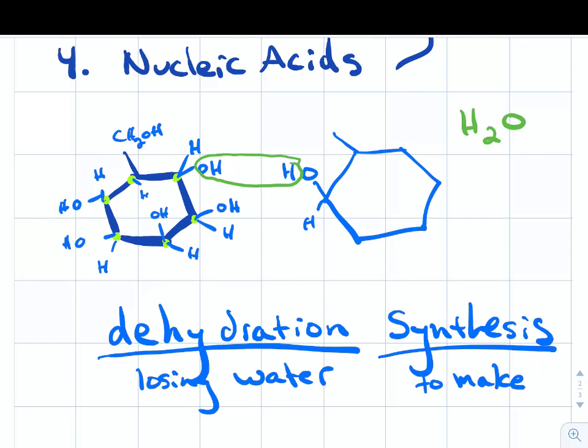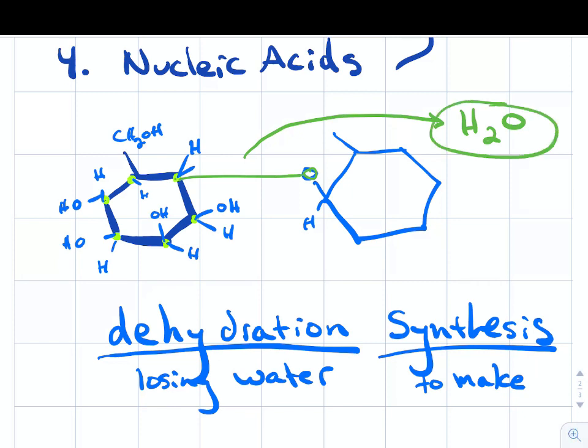And if these molecules came together and we lost this section, well, this oxygen here is going to want to bond with something, and it's going to end up bonding with the carbon on the adjacent molecule. So let's get rid of these here, and we'll draw in the bond that will form, just like this. And again, water will leave.